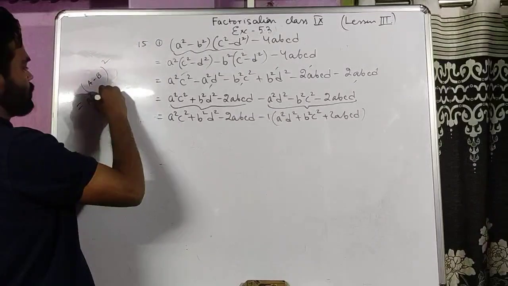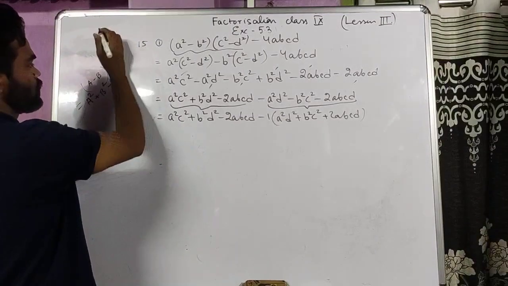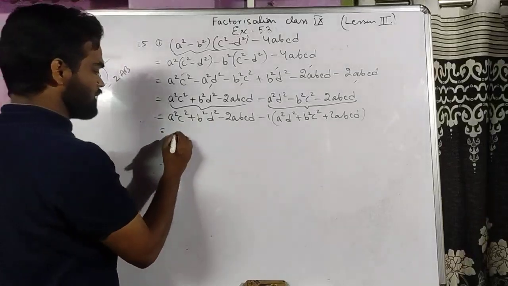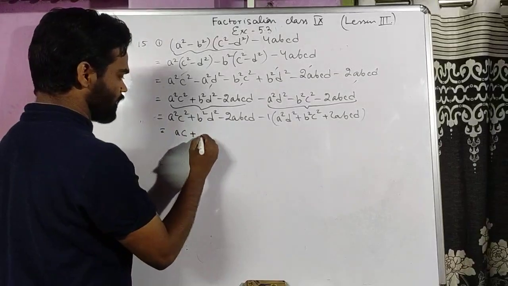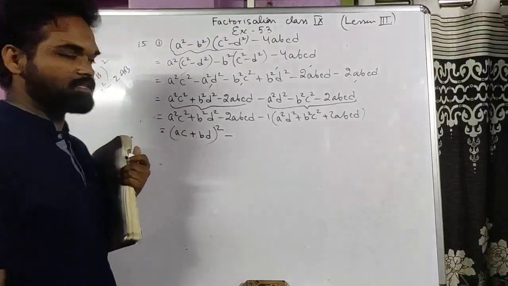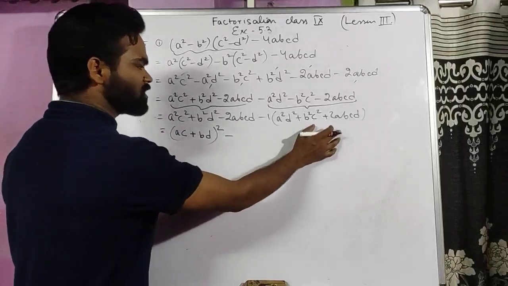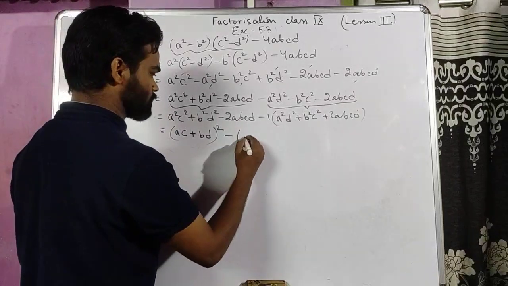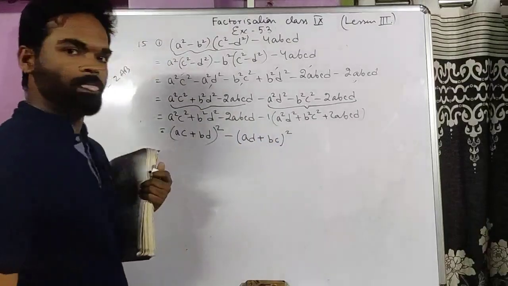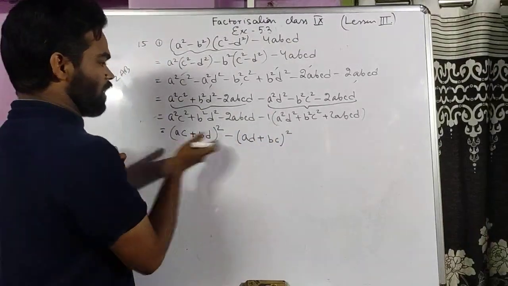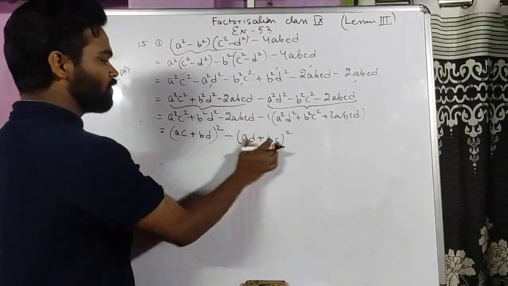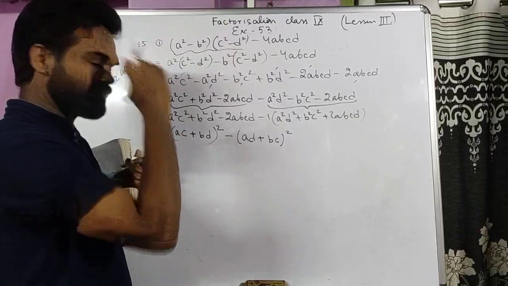See, a square plus b square minus 2ab. So this we can write a plus b whole square. We have done this in the expansion chapter. And this similarly we can write a plus b whole square. Isn't it? Now we have expressed this as the difference of the squares of two expressions.